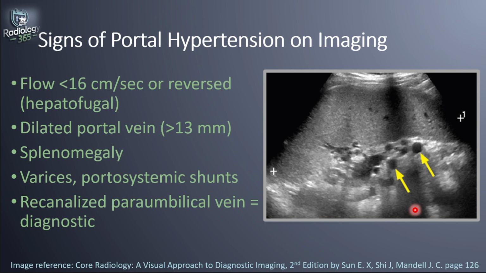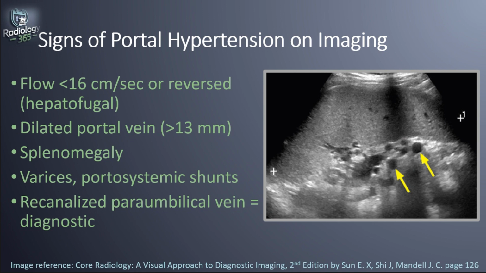Also, when you have varices, that's swollen veins, you should be thinking portal hypertension. And also portosystemic shunts, that's abnormal bypasses between the portal and systemic systems, most often around the esophagus, that's esophageal varices, some around the umbilicus, some around the kidneys.